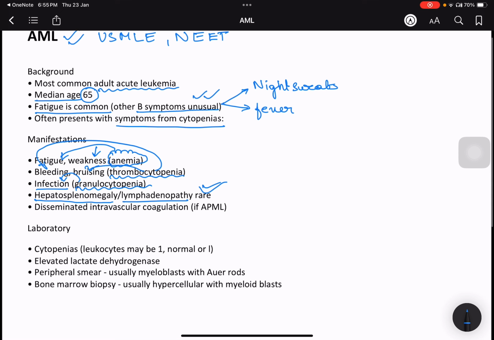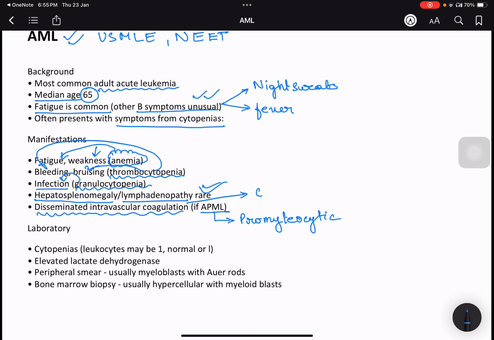Now, one important thing is that acute promyelocytic myeloid leukemia can present with a severe complication, which is known as DIC. Now, what is DIC? DIC is disseminated intravascular coagulation. What is this?